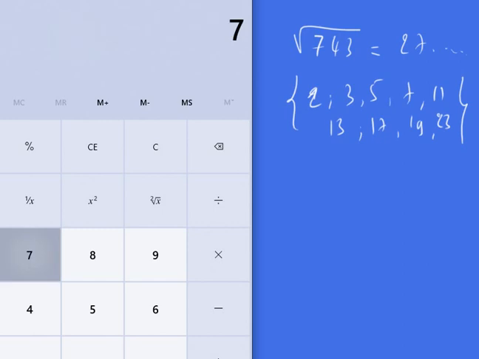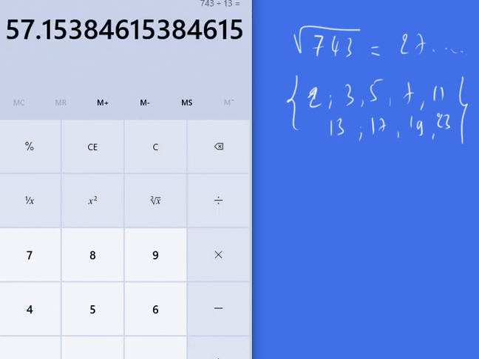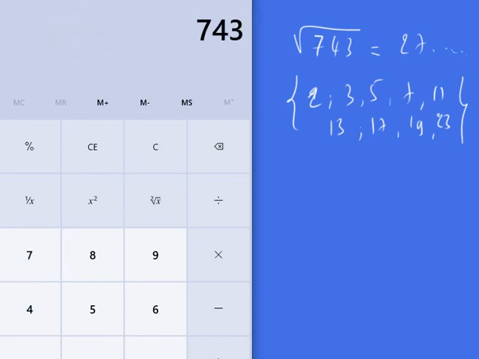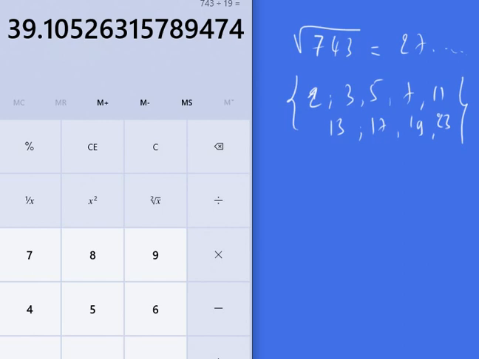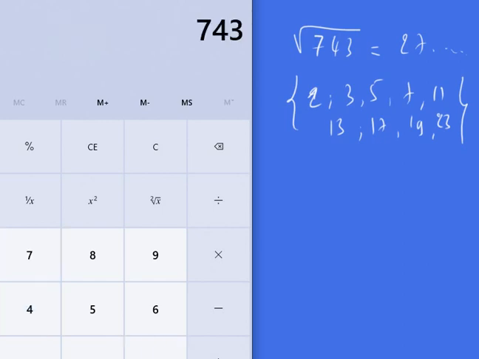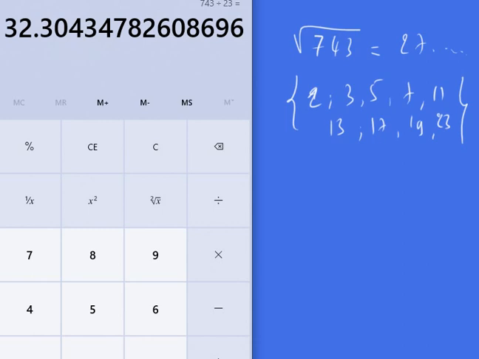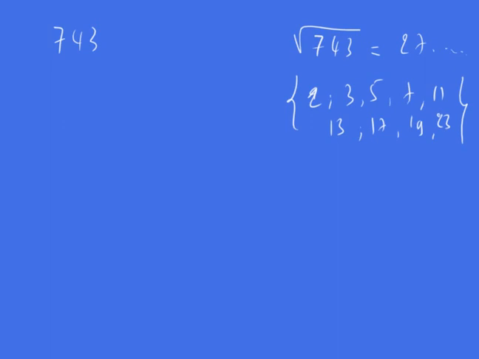No. 743 over 13. No. 743 over 19. No. 743 over the last one, 23. No. So 743 is a prime number.